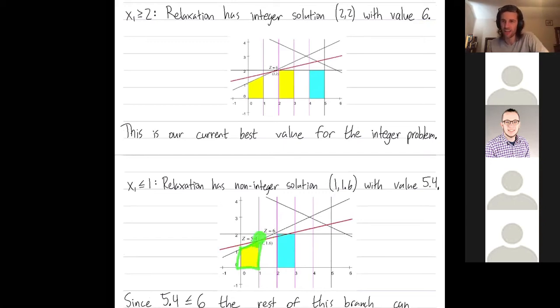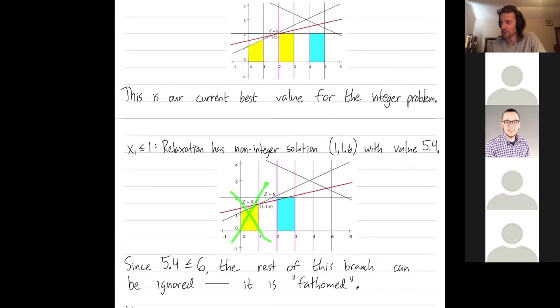But clearly, I'm not going to find an integer solution that beats 6 because I can't even beat 5.4. So this remaining portion of the tree is called fathomed. You've explored it enough to say no solution here is better than what I've seen so far.